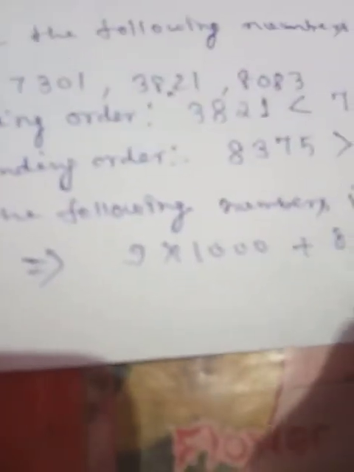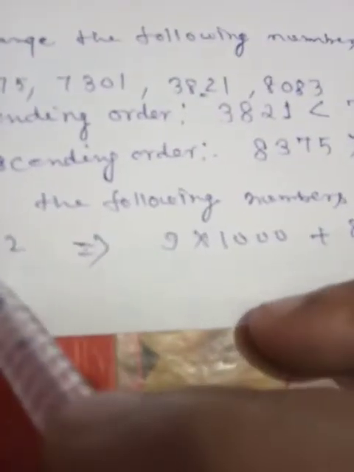Now the next point is to write the numbers in expanded form. Here the number given is 9862. So we write 9 into 1000 plus 8 into 100, because 8 is at hundreds place, and 6 is at tens place, so we multiply this number by 10, and 2 is at ones place, so we multiply this number by 1.